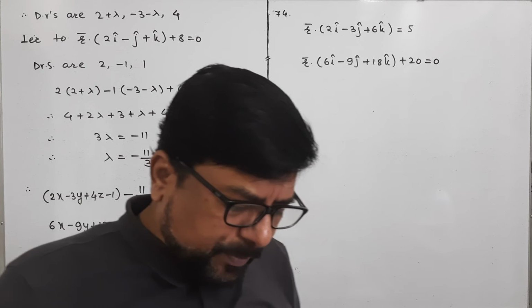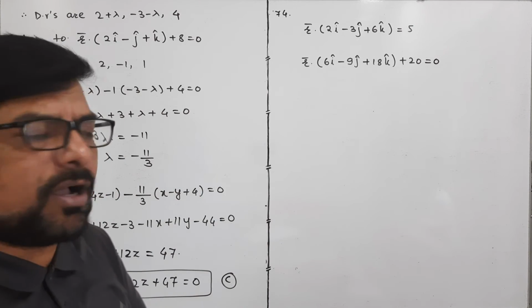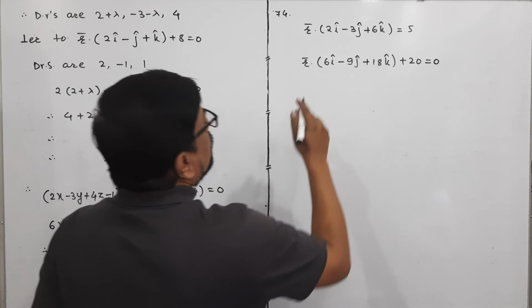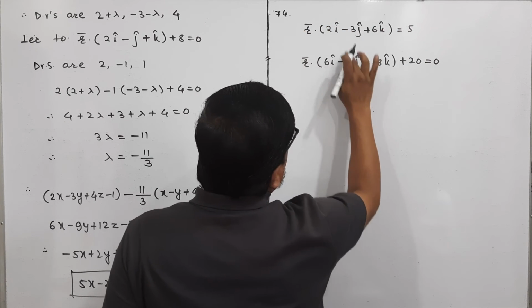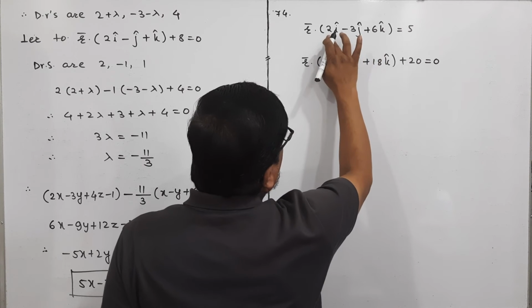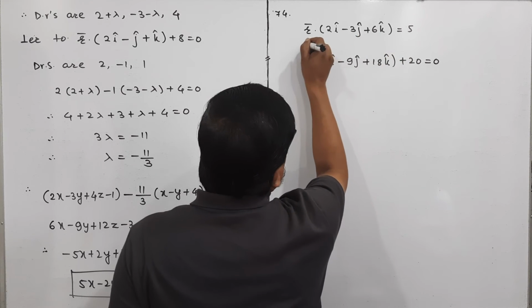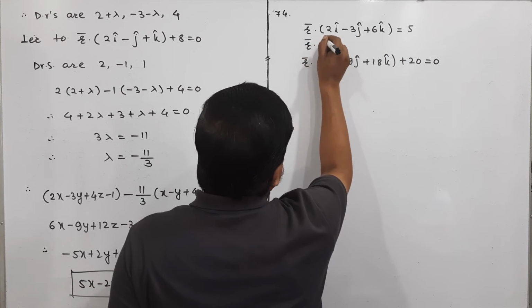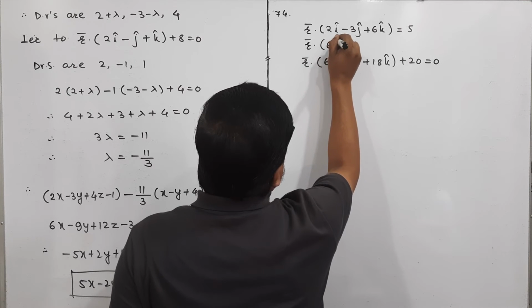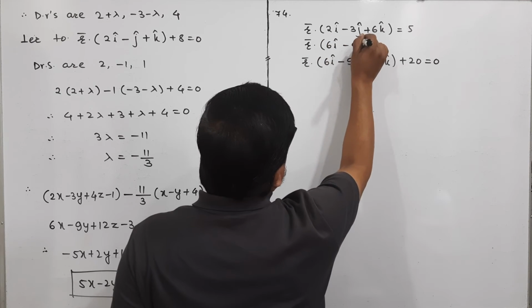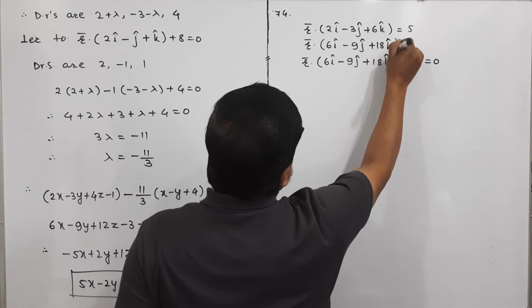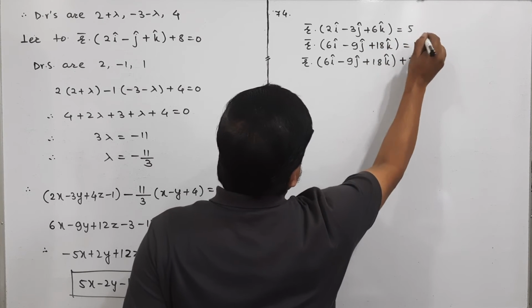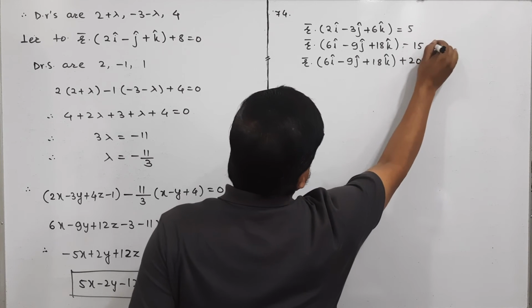First of all, we have to make the coefficients of x, y, z common here. Multiply this equation by 3 to make the coefficients of ijk same, that is r vector dot 6i cap minus 9j cap plus 18k cap is equal to 15, or minus 15 is equal to 0.